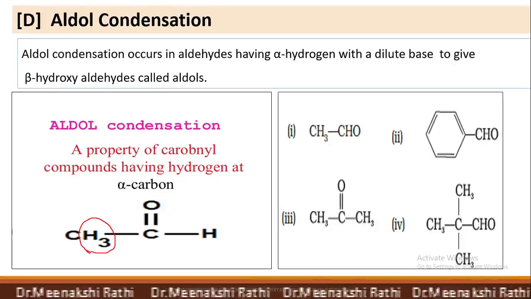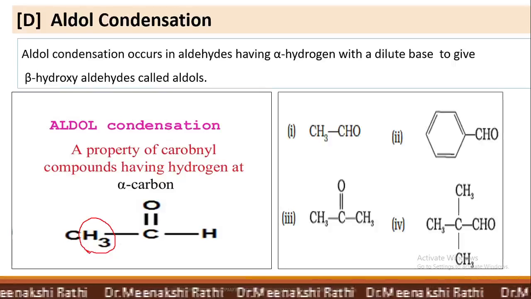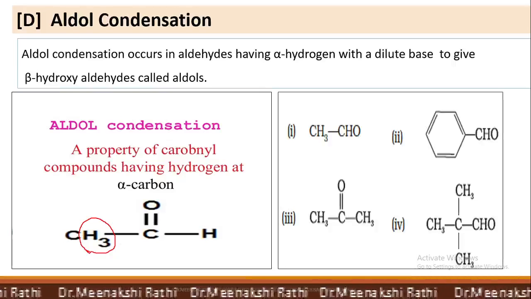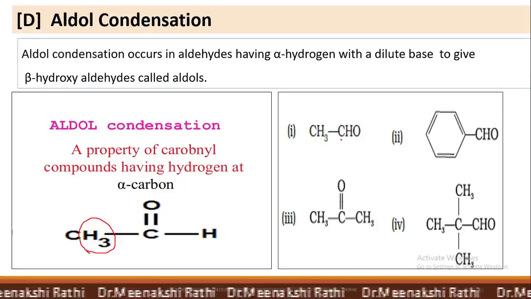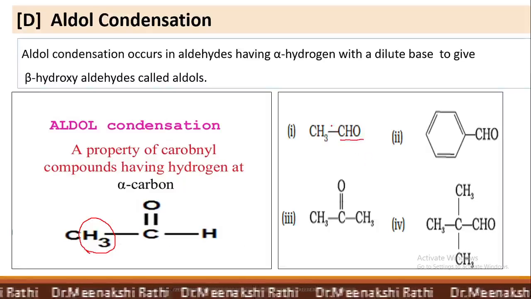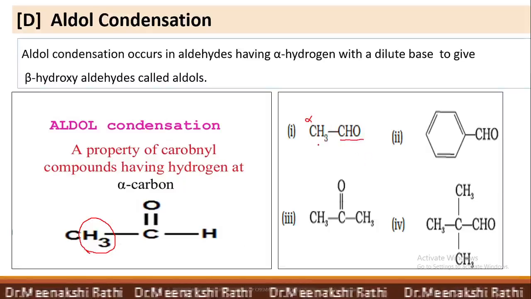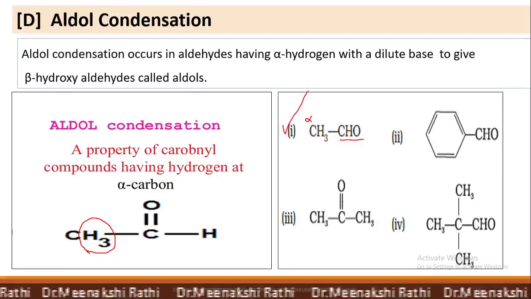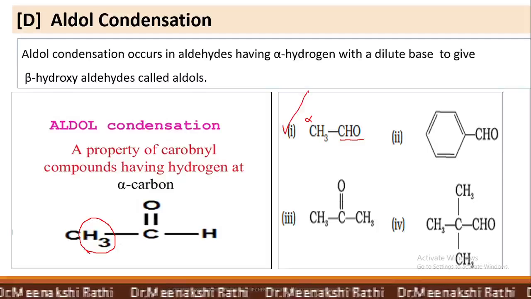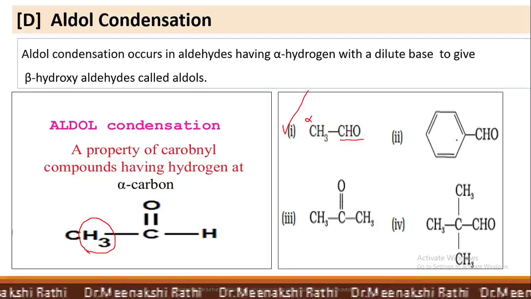See, some more examples are given. Let's find out how many alpha hydrogen atoms are there. CH3CHO: this is the functional group, this is the alpha carbon, it has 3 alpha hydrogen atoms. So it can undergo aldol condensation. Next example, benzaldehyde.